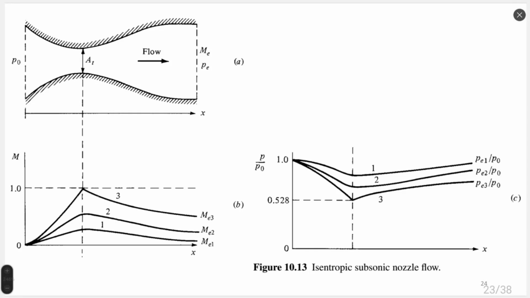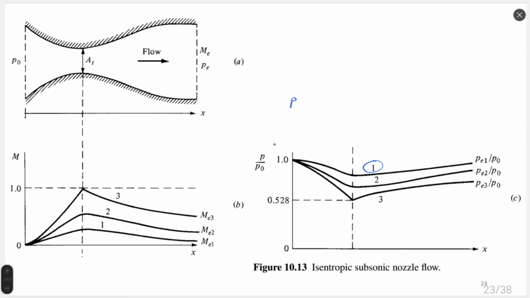Let's start from case 1, on view C of this figure. Case 1 represents a very small pressure gradient, a very small pressure to stagnation pressure ratio. Very small means that the change of pressure is small.